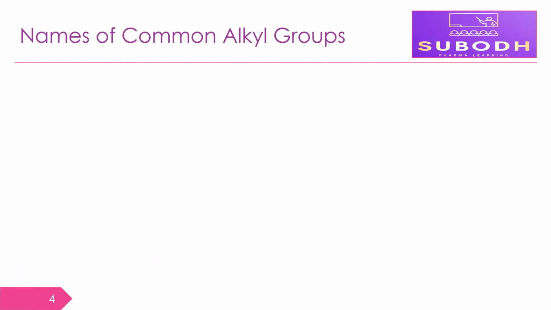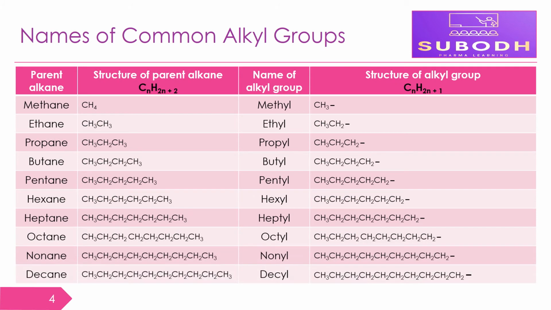Now we will see the names of common alkyl groups. See here in the table the names of first 10 parent alkanes and their structure is given, and also the names of alkyl groups and structures formed from first 10 alkane is given.